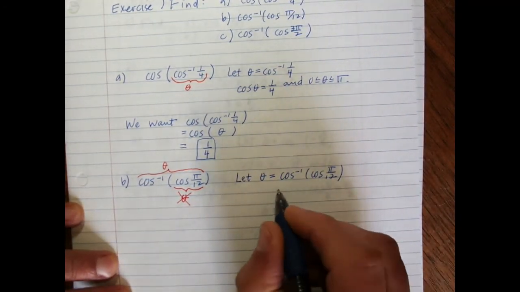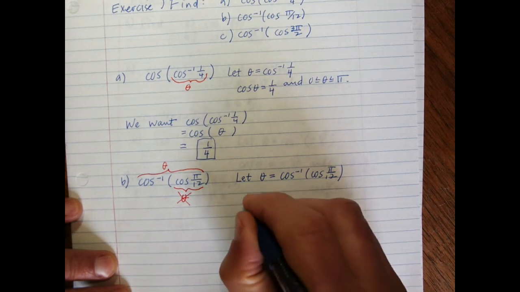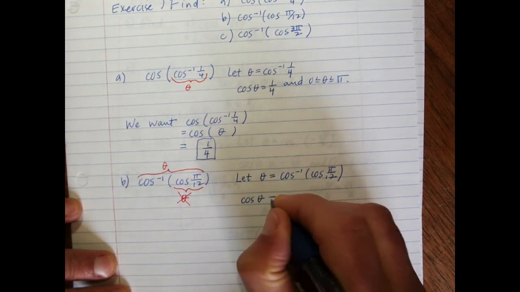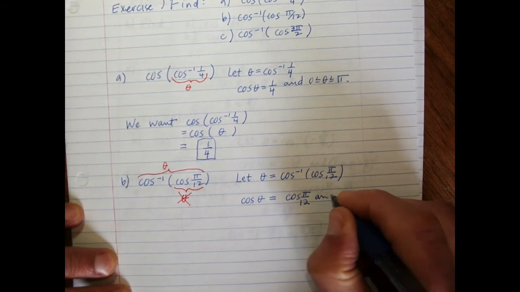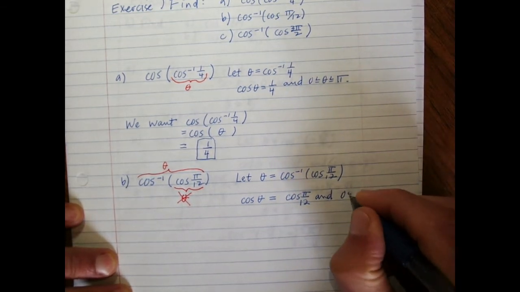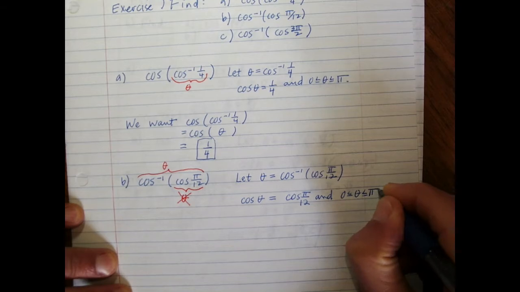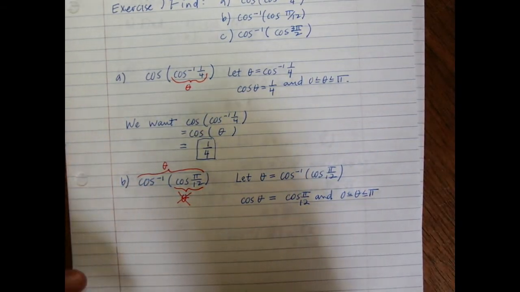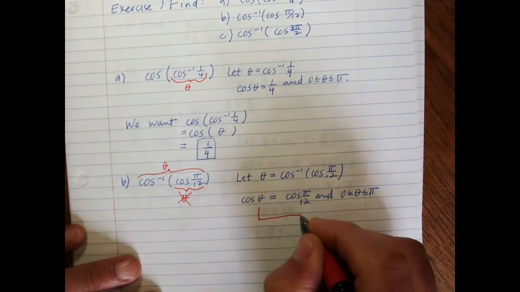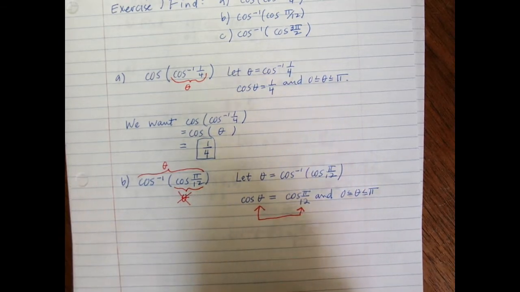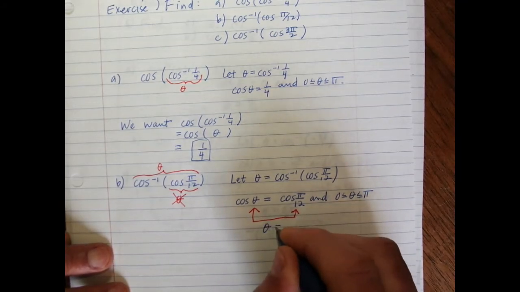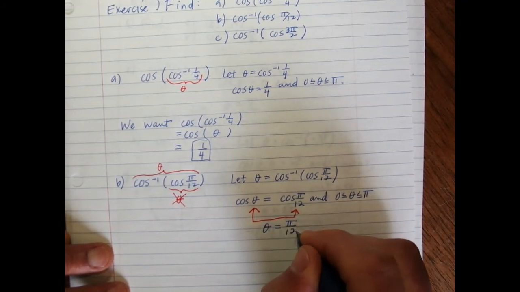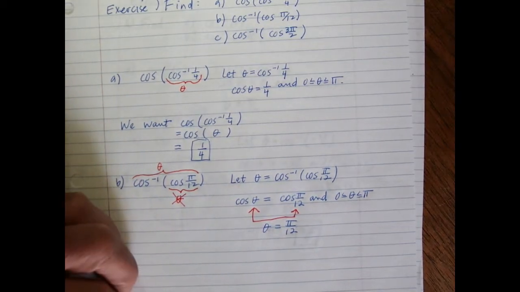And then I can rewrite it as cosine theta equals cosine pi over 12, and 0 is less than or equal to theta is less than or equal to pi. Well, cosine theta equals cosine pi over 12. I think we can see theta has to equal pi over 12.